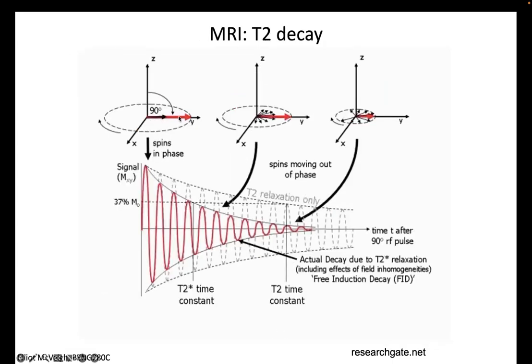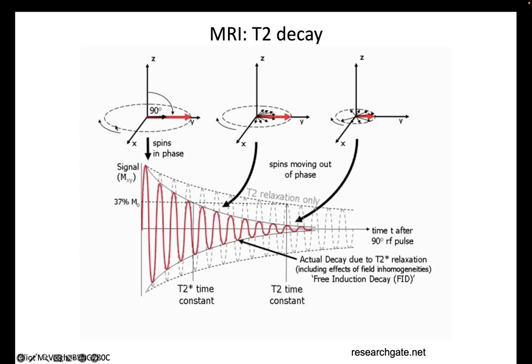When we look at what's happening in the transverse plane, the magnetization vector in the transverse plane decays away more quickly. So we see a rapid decay of the signal in the transverse plane.